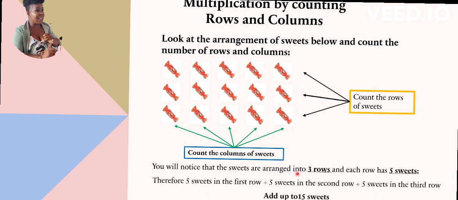Therefore 5 sweets in the first row plus 5 sweets in the second row plus 5 sweets in the third row add up to 15 sweets. 3 rows with 5 sweets each is equal to 15 sweets. You can also count them in multiples of 5, 3 times. 5, 10, 15. This implies that 3 times 5 is equal to 15.